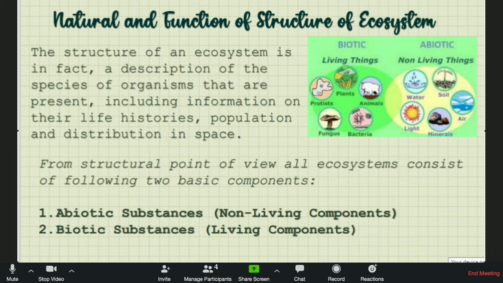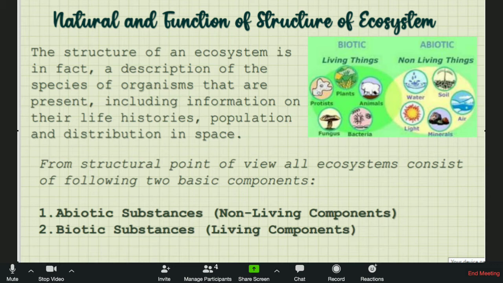The structure of an ecosystem is the composition of the biological community including species, numbers, biomass, life history, and distribution in space, and the quantity and distribution of the non-living materials such as nutrients, water, etc. It also includes the range or gradient of conditions of existence such as temperature.